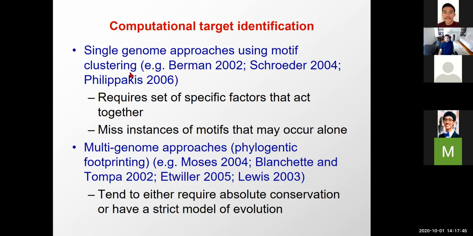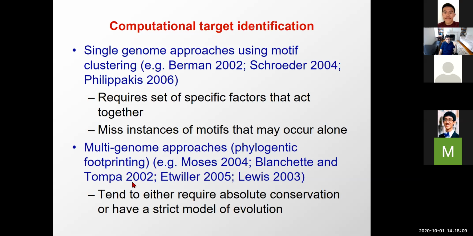So computationally, to find targets, there are single genome approaches using motif clustering, and these require a set of specific factors that act together, but they can actually miss instances of the motif that might occur alone. So, in order to increase the signal, folks have focused specifically on combinations.